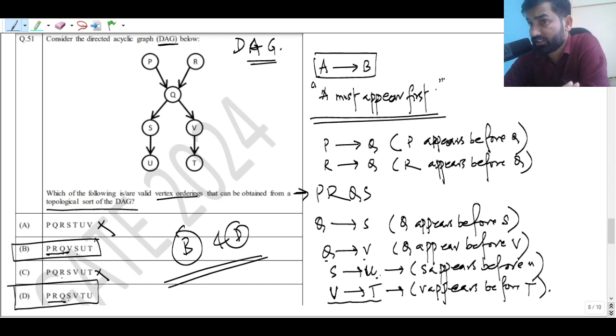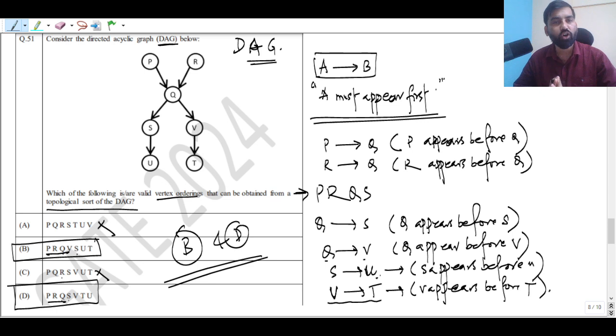This is the general procedure for topological sorting. We need to ensure that the ordering respects the direction of the edges in the DAG.